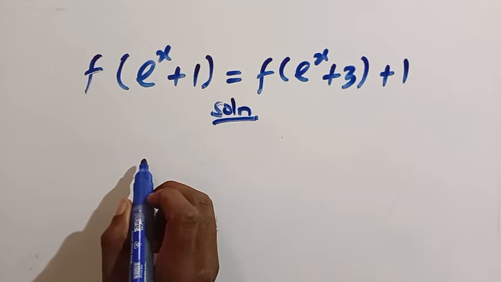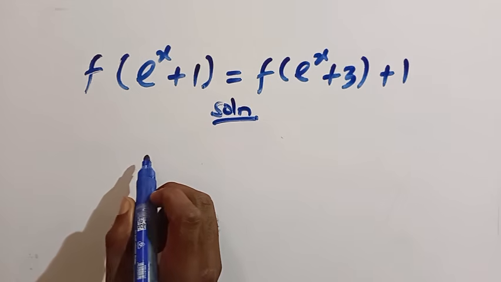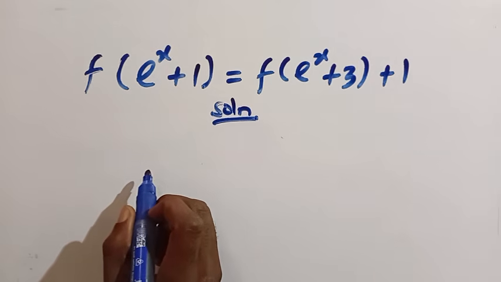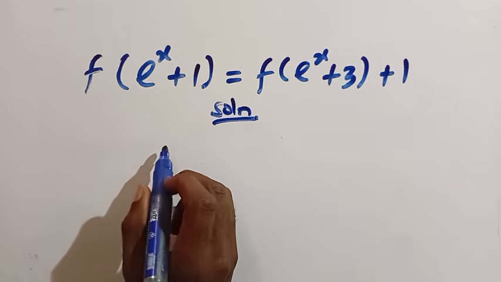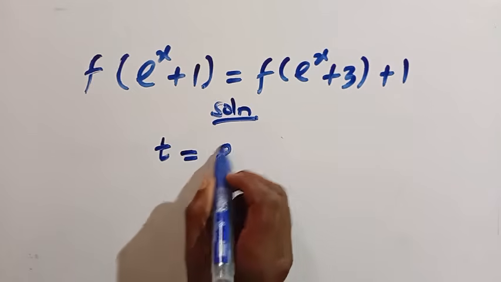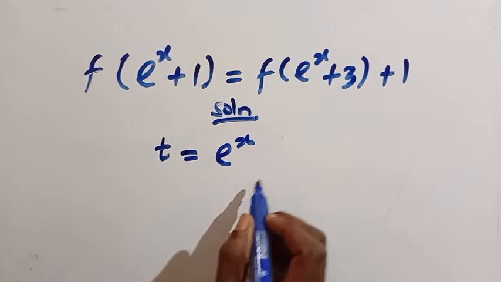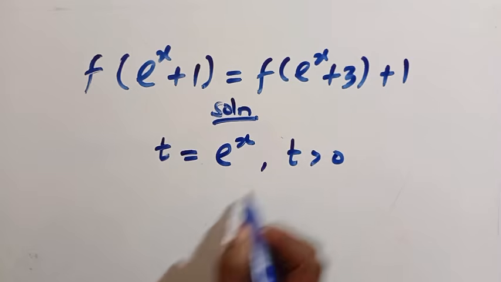Since we are given an exponent here, it will not be very easy to solve this directly. We have to apply the substitution method. If I replace this exponent with another thing, let's say I let t equal e to the x, where t is greater than 0.